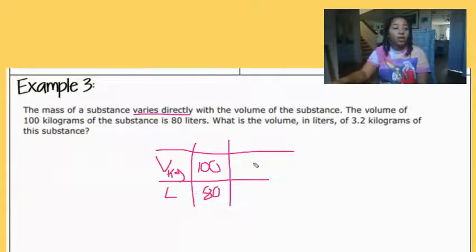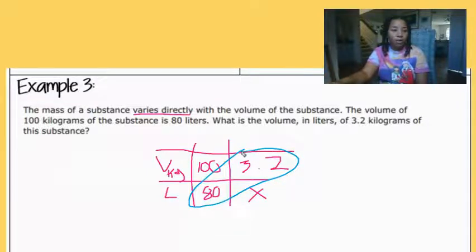So what if I only had 3.2 kilograms? How would I find how many liters I would need? So this is all sixth grade math, okay? You set up your proportion and then you can cross multiply and figure out what these are. Okay, so there's two ways to do this. I usually like to know, hey, I go across, I multiply these two, and then I divide by my odd man out, which is 100.